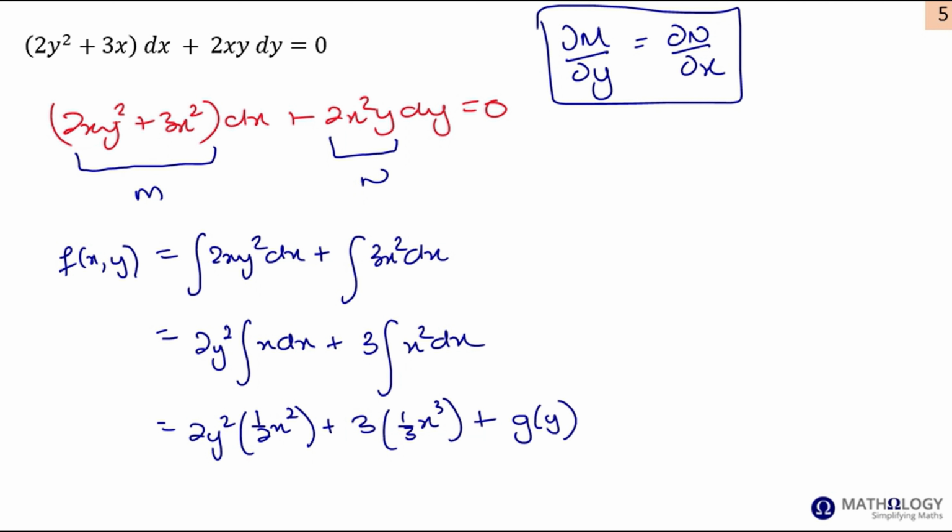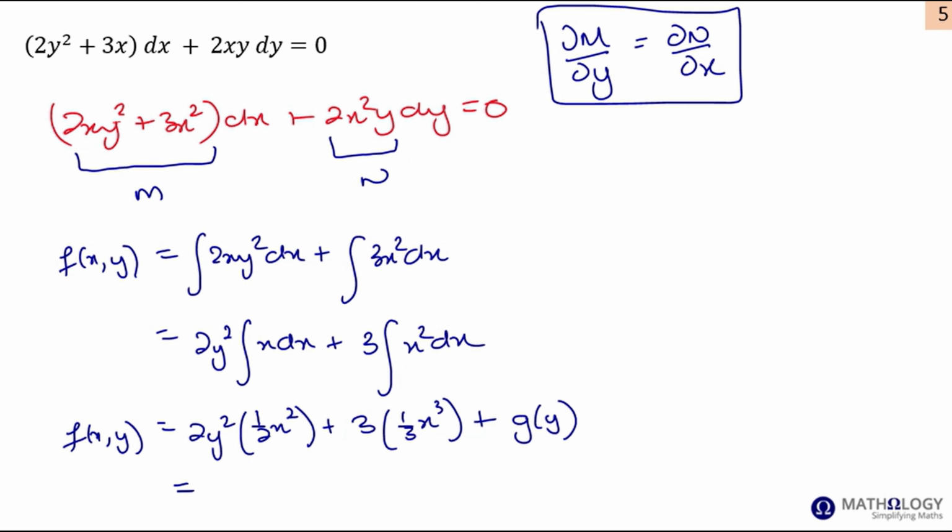Since we're integrating with respect to x, we have a function of y only, which will, when we differentiate this expression for f with respect to x, the derivative of the function g of y will be 0.